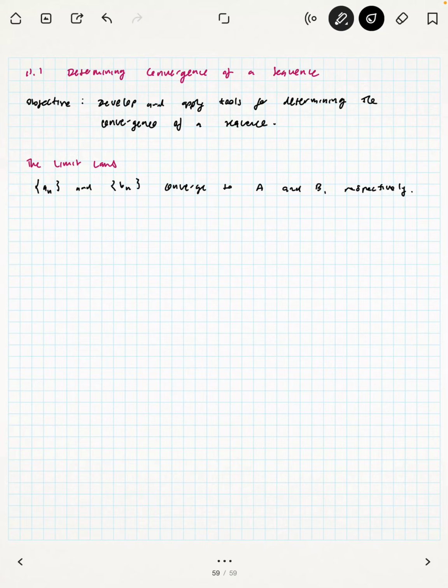The connection here is that we don't want to waste too many words on saying the same thing twice, right? A sub n converges to A. B sub n converges to B. And so we use this parallelism, right? Like a rhetorical strategy to just say, oh yeah, those two converge to those two, respectively. And respectively is just like a cop-out so that we don't get caught saying something that isn't very accurate or that can be misinterpreted, but that's why we also pick two letters that match, right?